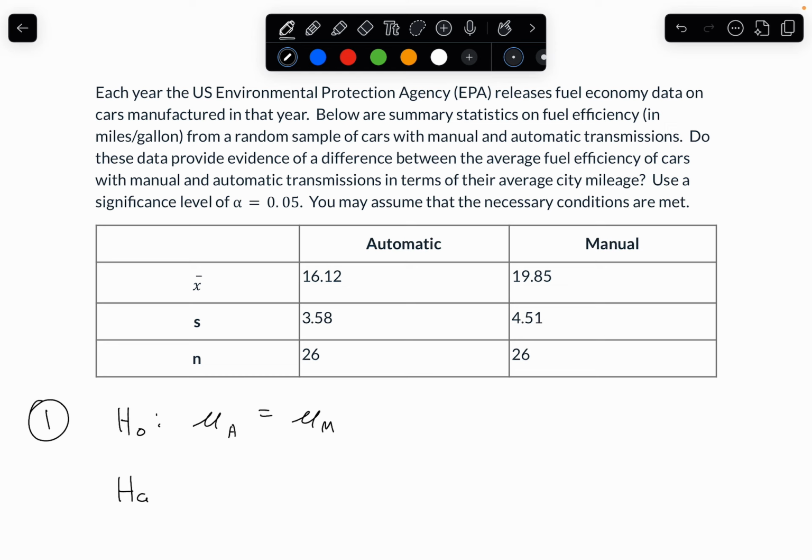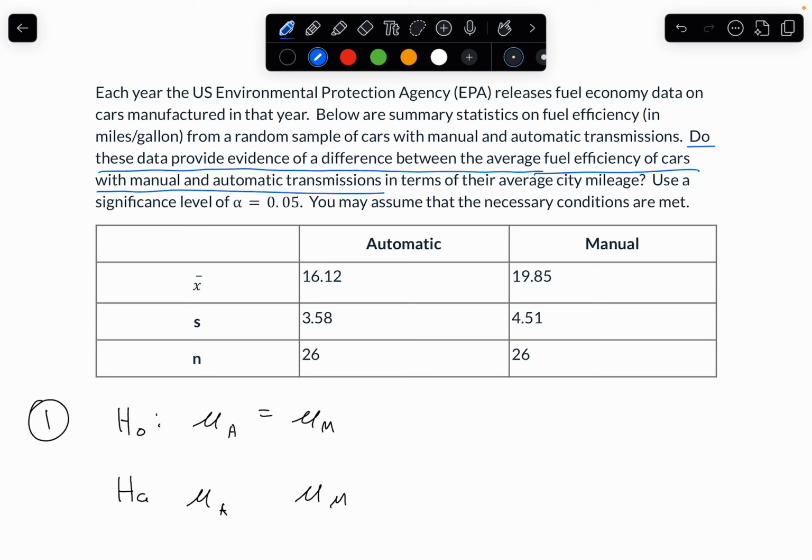The alternative hypothesis then is going to work with the same parameters, mu sub A and mu sub M, so the average mileage for the automatic transmissions and the average mileage for the manual transmissions. And if I look at the language that's being used here, it says, do these data provide evidence of a difference between the average fuel efficiency with manual and automatic transmission?